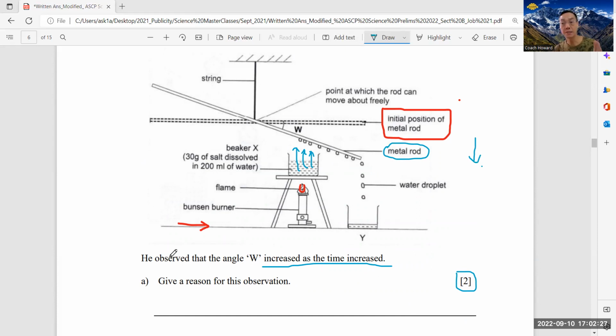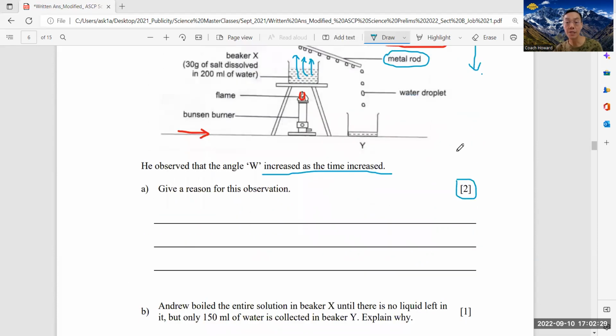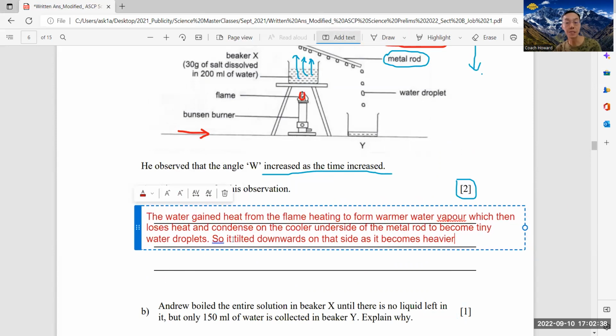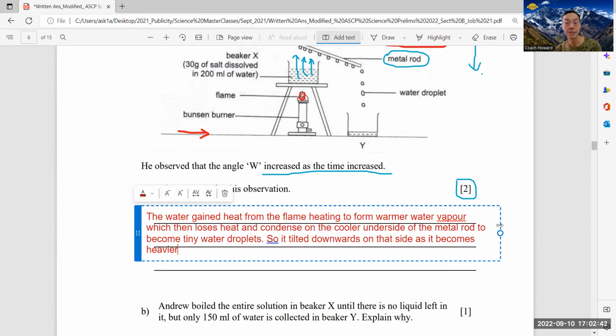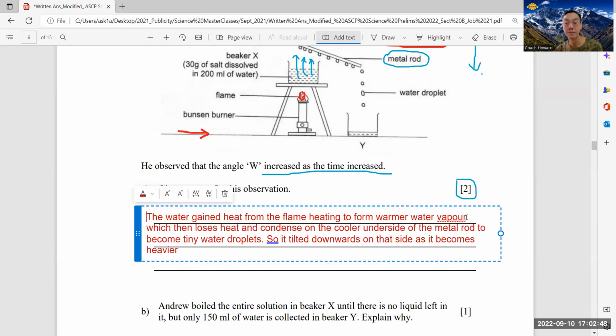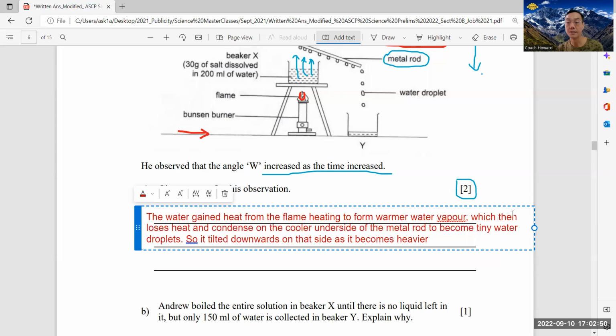So firstly, you must present your answer: the formation of water droplets through the process of condensation. So you should say in this manner, the water gains heat from the flame, heating to form warmer water vapor. Full stop, comma.